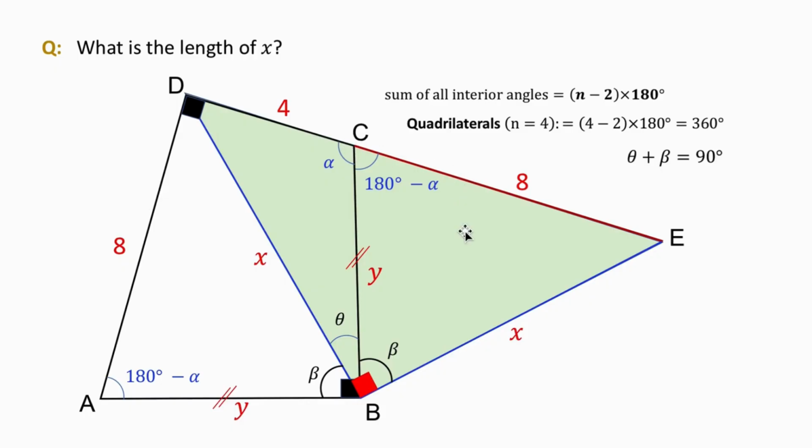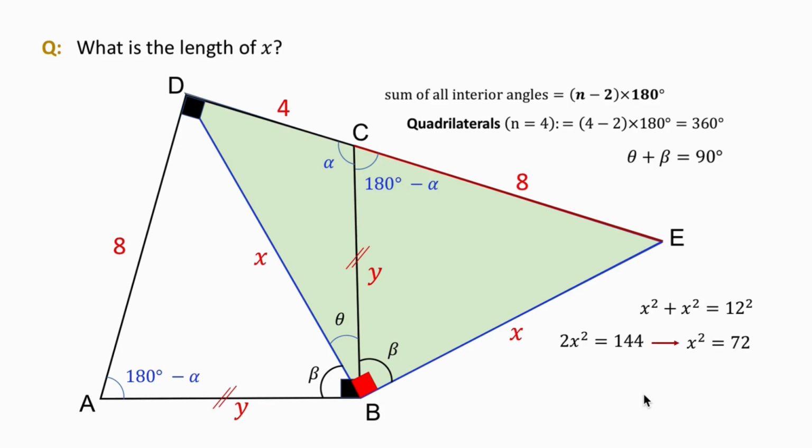Now let's apply the Pythagorean theorem to the green triangle. In a right triangle, the square of the hypotenuse equals the sum of the squares of the other two sides. So the sum of the squares of the two sides, x squared plus x squared, is equal to the square of the hypotenuse, which is 12 units. This simplifies to 2x squared equals 144.